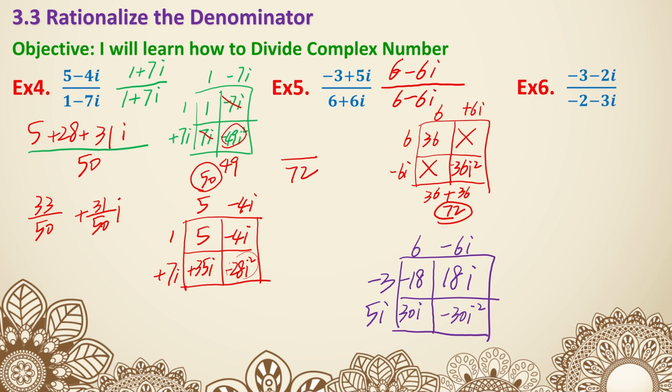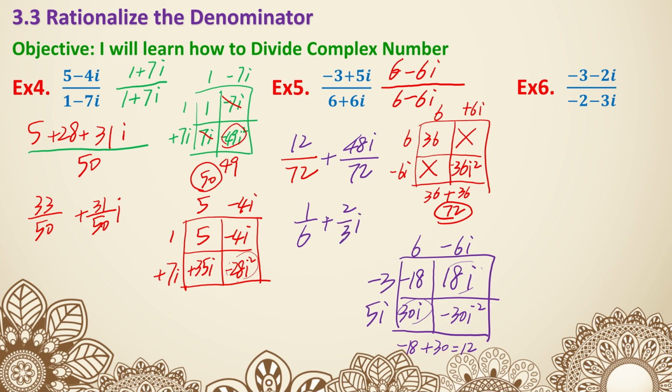So first, numbers, we have negative 18. That's a negative 30 times i squared is a positive 30. So it's a 12. Okay, and keep going. We have a 30i and an 18i, so it's a 48i over 72. Let's simplify the fractions. Become 1/6 plus 48 over 72 is a 2/3 i. There you go.